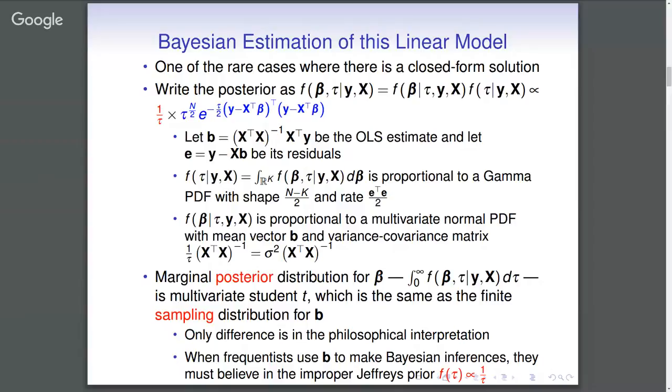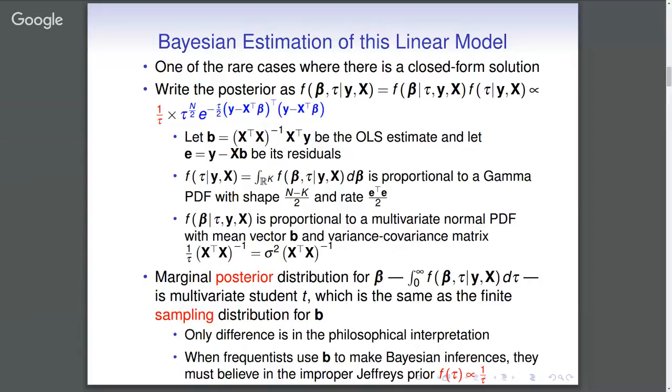And so you would have to believe a Jeffreys prior for the precision is a good prior to have.